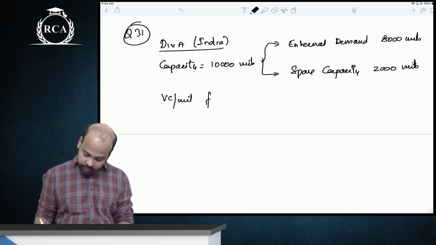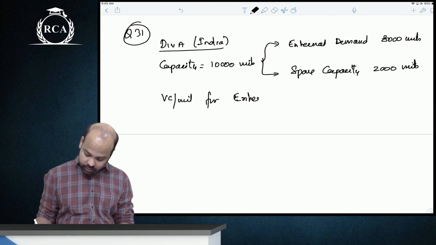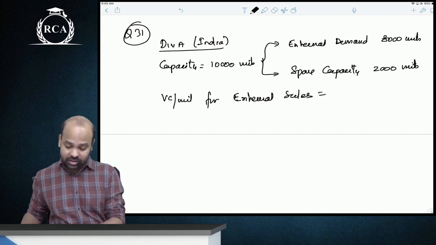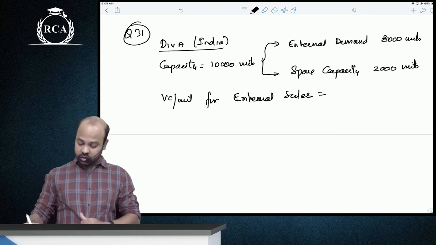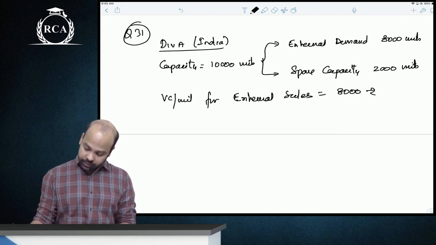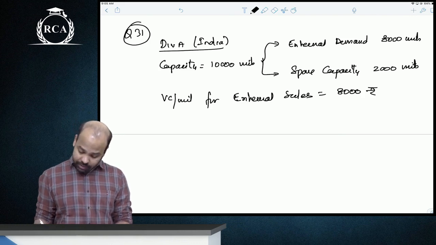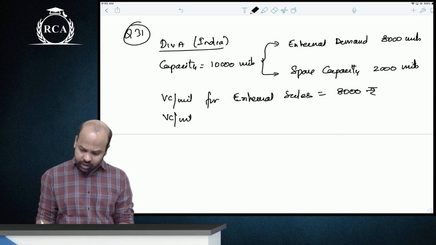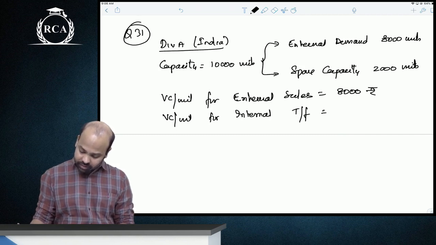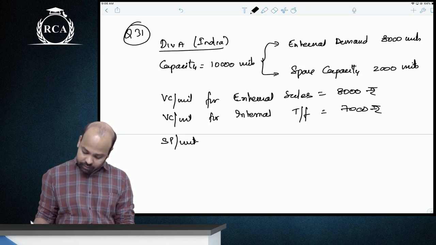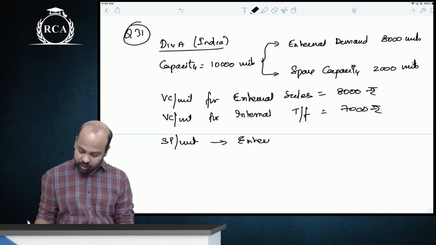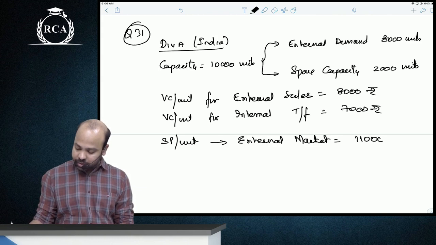The variable cost per unit for external sales, the variable cost of production, is 8,000 rupees. And the variable cost per unit for internal transfers is 7,000 rupees. The selling price per unit for the external market is 11,000 rupees in India.